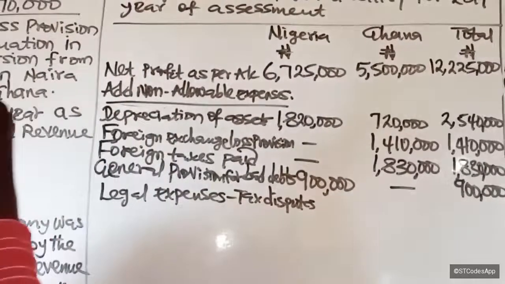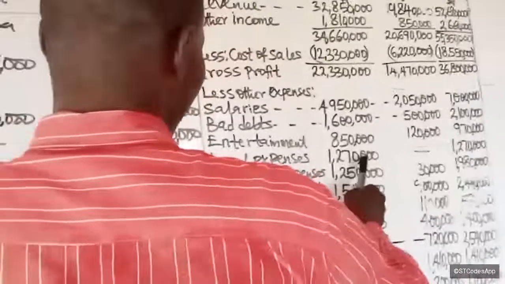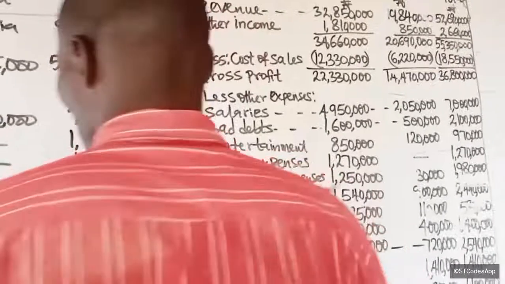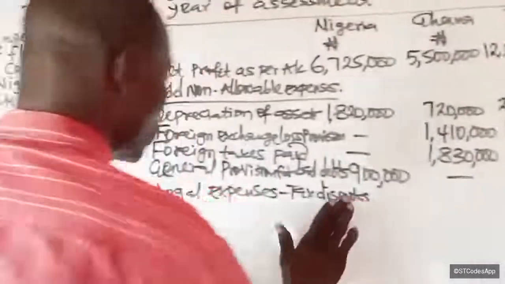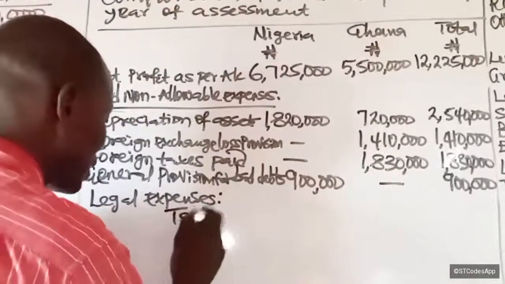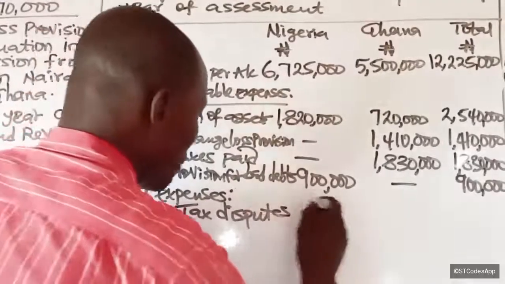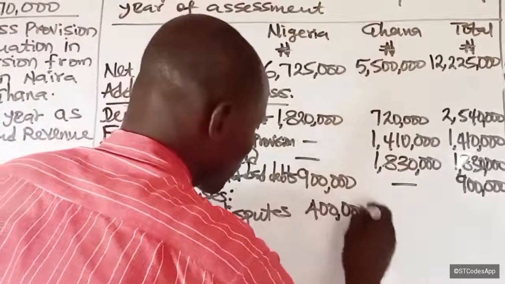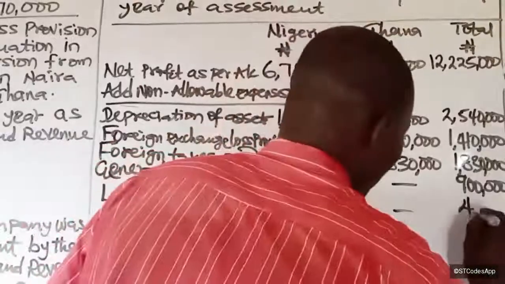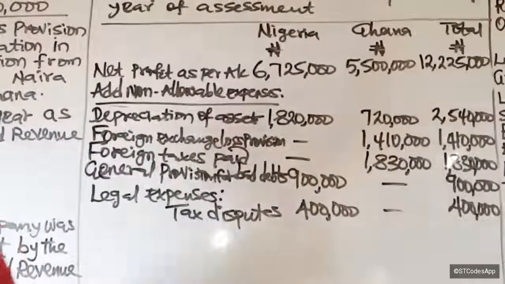The legal expenses was incurred by the Nigerian company of 1,270,000. So that means the cost of tax disputes we are going to disallow will be adjusted in Nigeria profit. That amounted to 400,000. Back to the question.